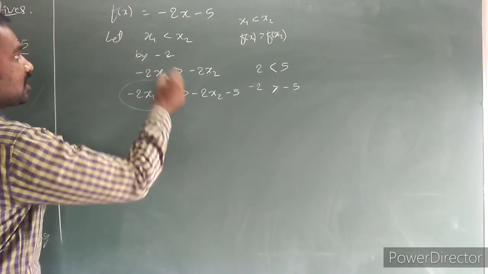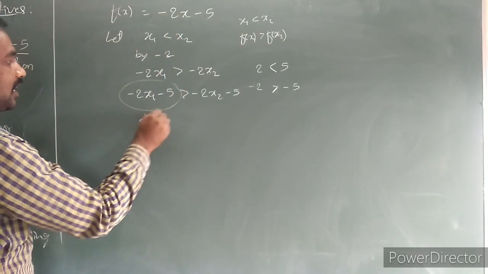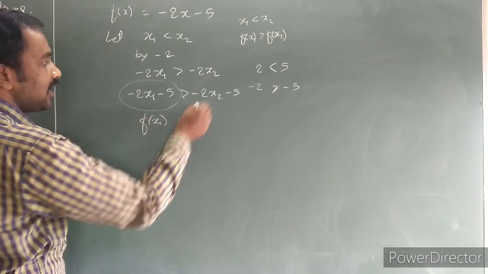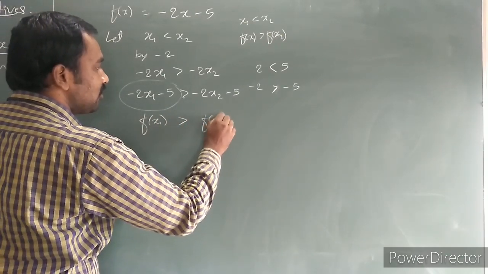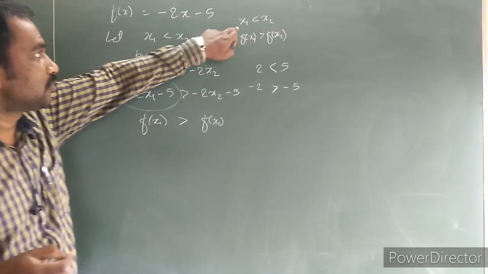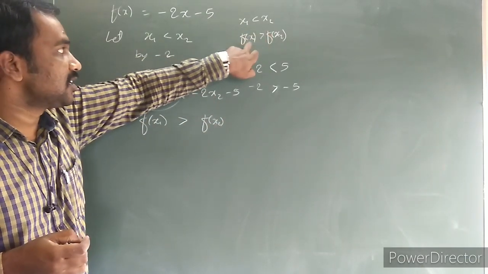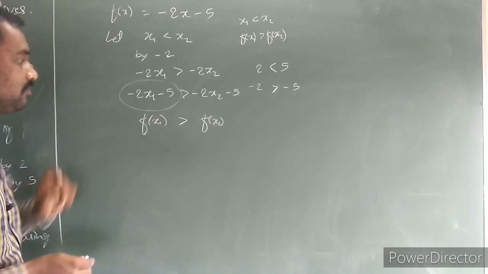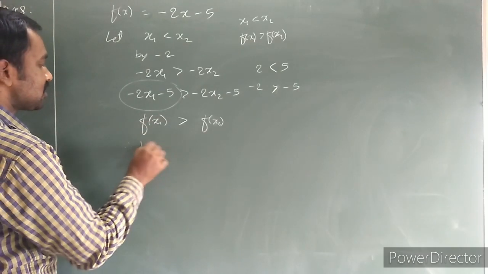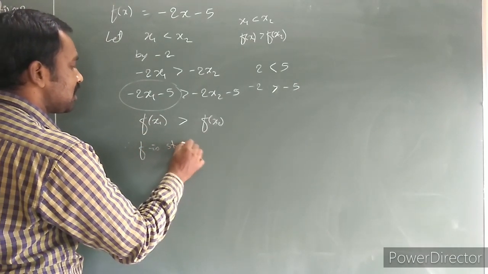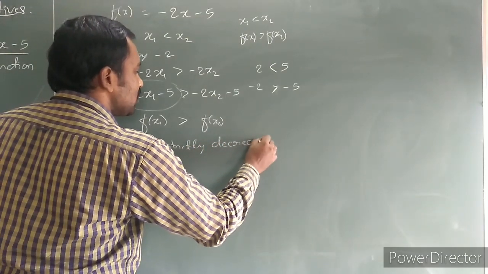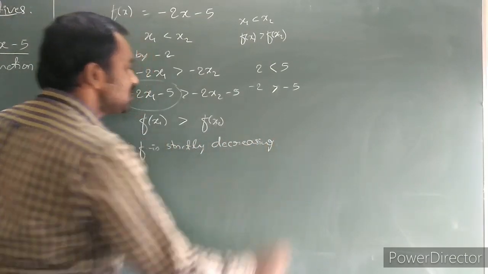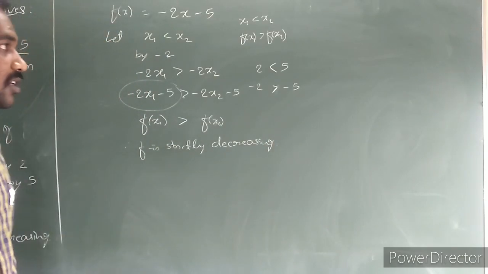This is nothing but f of x1 greater than f of x2. So I got the required result. If x1 is less than x2, then f of x1 is greater than f of x2. Therefore, in this case, f of x is a strictly decreasing function.